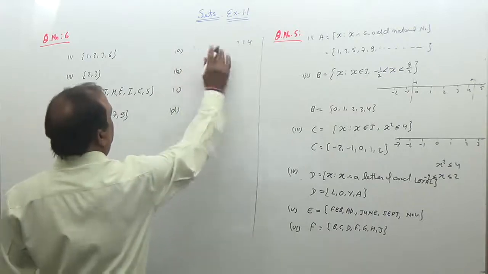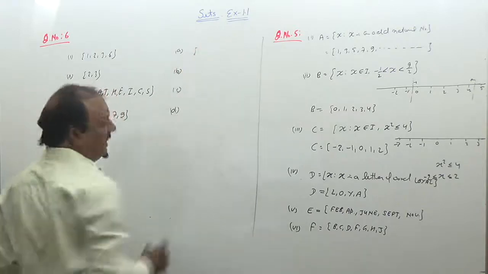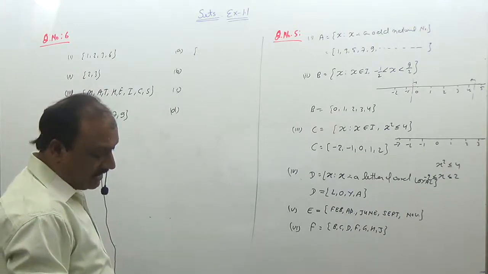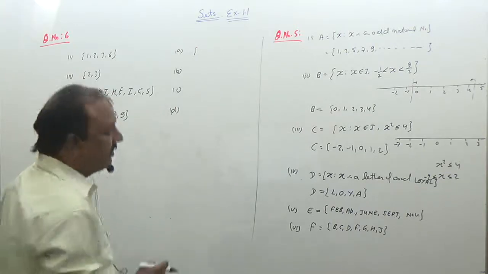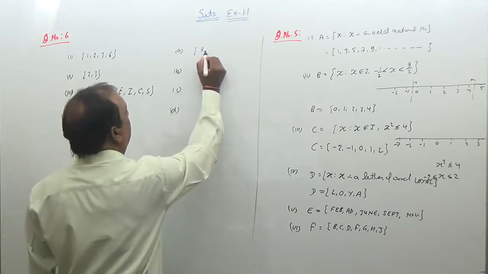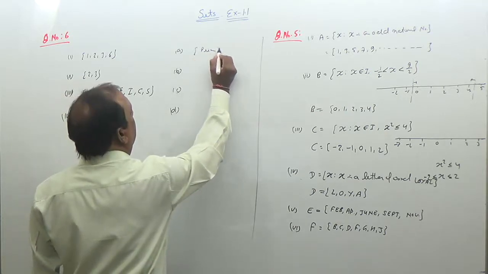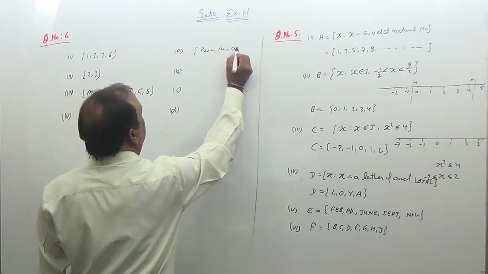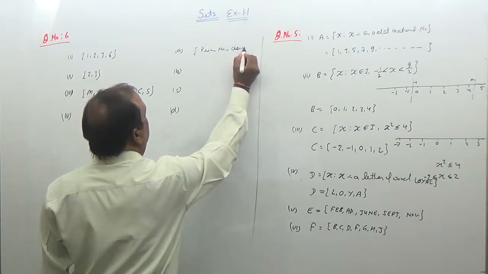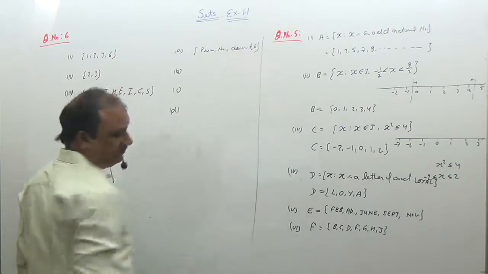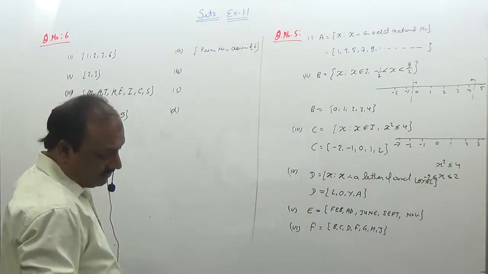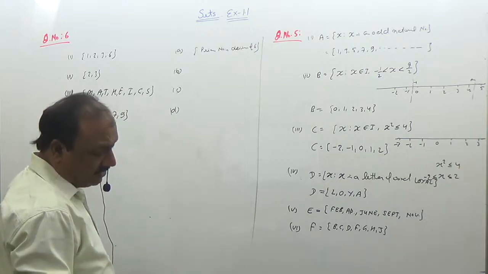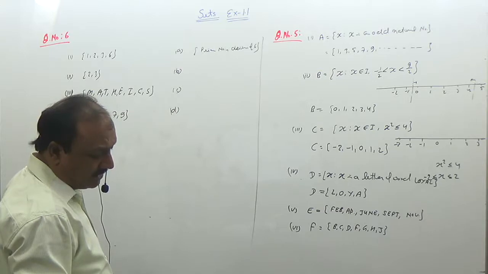In the case of A, it is the set of elements of prime number divisors of 6. So there are prime numbers that are divisors of 6. Second, X such that X is an odd natural number less than 10.